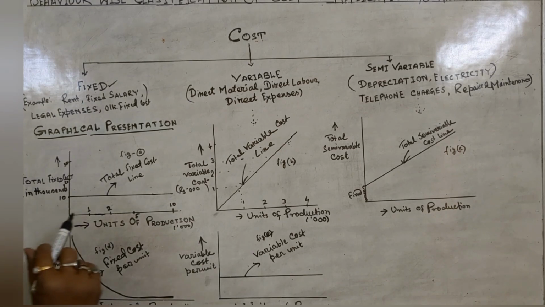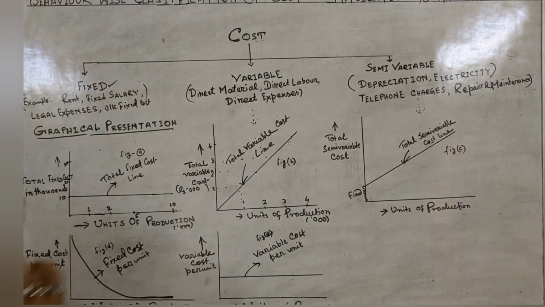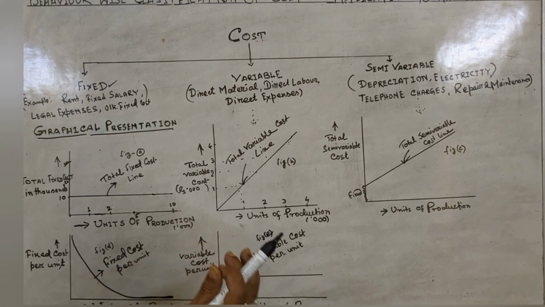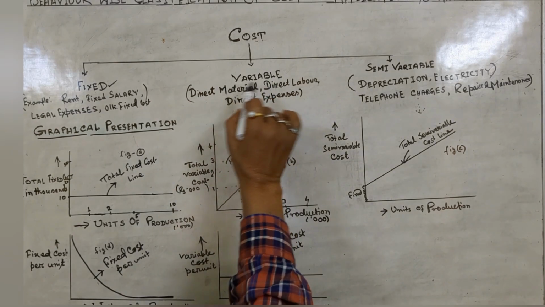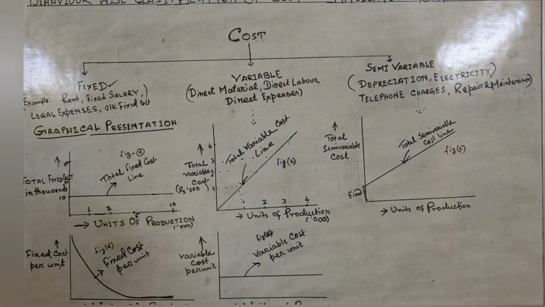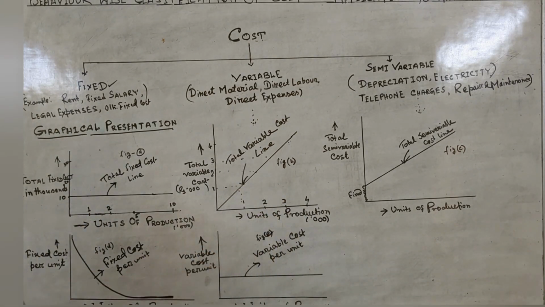First of all, I am discussing the 3 costs as I have already mentioned. Then we will discuss in a slightly different way, that is per unit. Now comes the variable cost. Variable cost means what? Variable means it varies proportionately with the production of units.